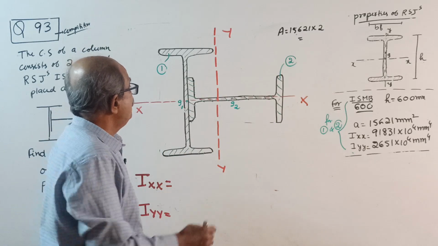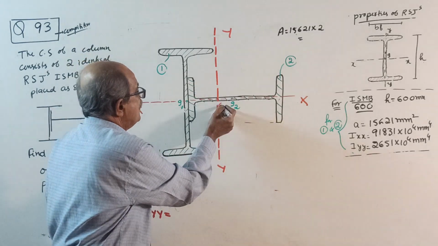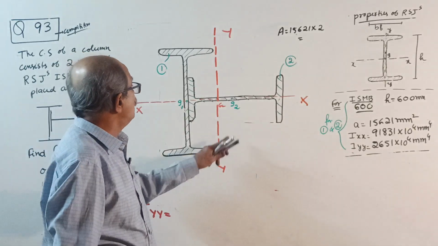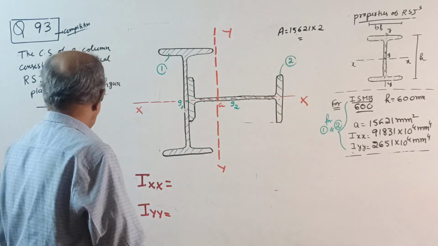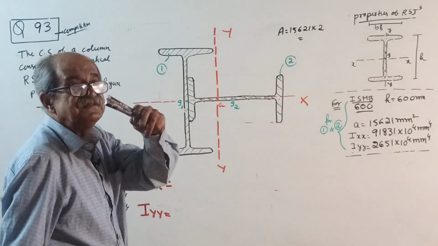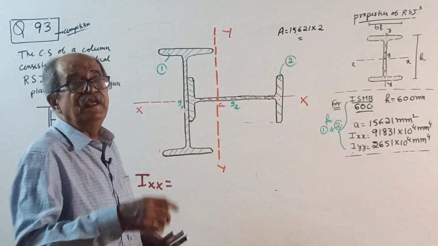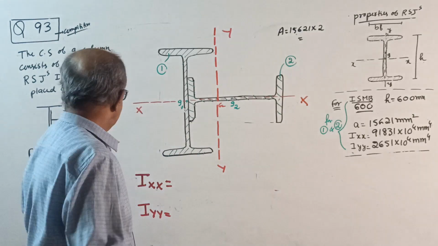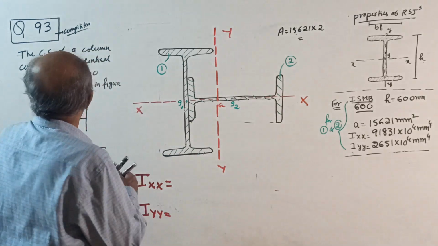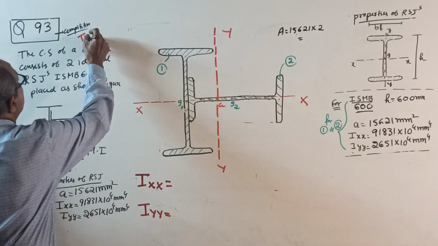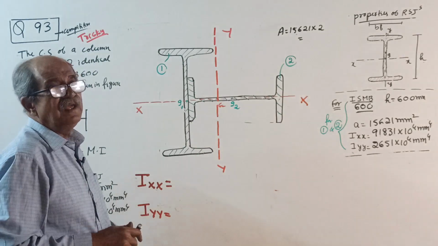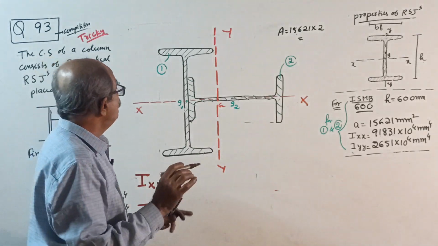First of all, make a note: this is centroid G. Enough data is not given to locate yy. If you know all the properties, you can locate it, as earlier, A1 x1 plus A2 x2 divided by total area, but the data is not given. This is a tricky question. You should observe correctly that we do not know the distance.